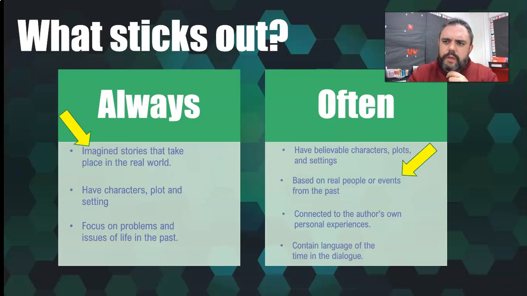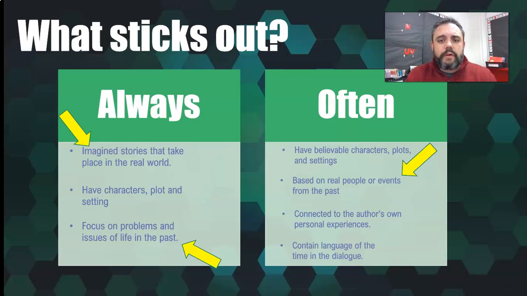Bazinga, right there, coming in from the corner, based on real people or events from the past. Always good to know. And finally, huzzah, coming way downtown, it's very important that historical fiction focuses on problems and issues of life in the past. Very, very important. So from these three main points, we can come up with a really good definition of historical fiction.